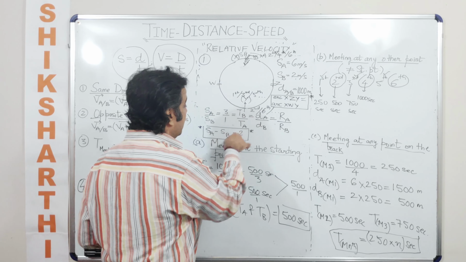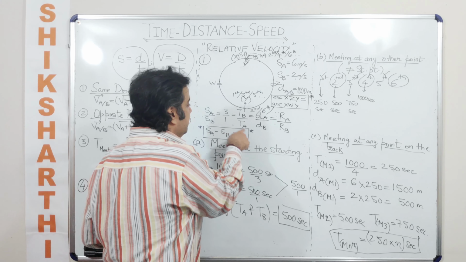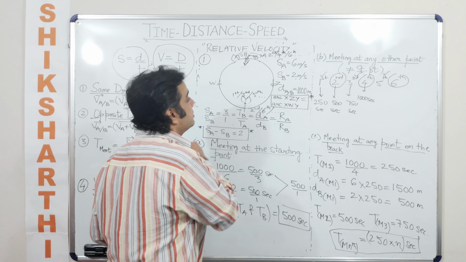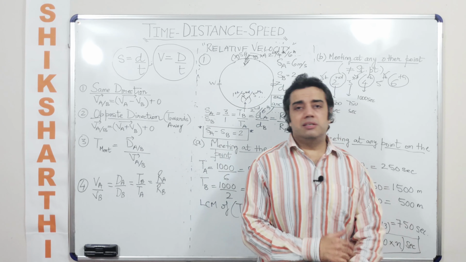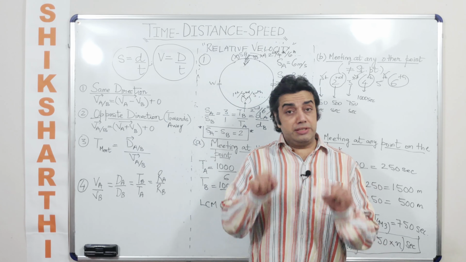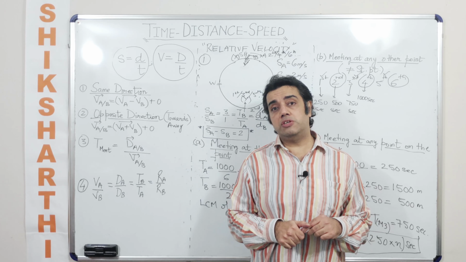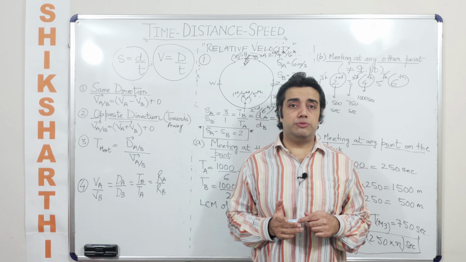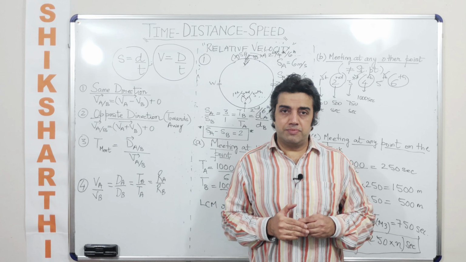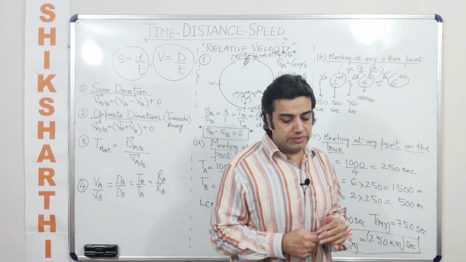They would be meeting n number of times, but the points at which they'll be meeting on the circular track would be only 2 unique points at which they would be meeting each other. And then the remaining discussion is what we have done here.